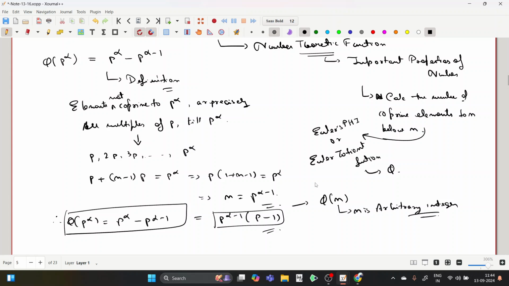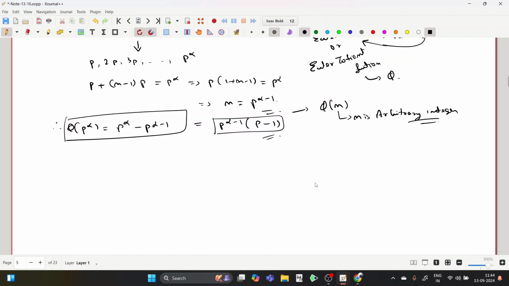One should immediately follow this up: since we know the value of the Euler totient function for a power of p, and we know that I can write n as a product of primes, suppose n is equal to p1 to the power alpha 1 up to pr to the power alpha r, where each of these pi's are distinct primes. Then phi of n is the totient of this product, but this does not immediately give us any value, right?